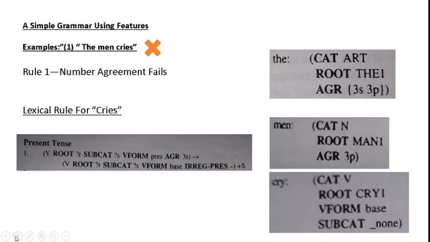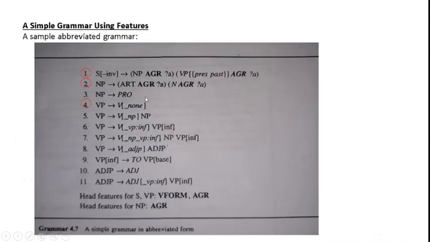So the and men will together take up the 3p, or third person plural, value for AGR. Okay, so this NP has AGR as its head feature, so automatically NP also gets third person plural. So here in the first rule, NP AGR is third person plural.